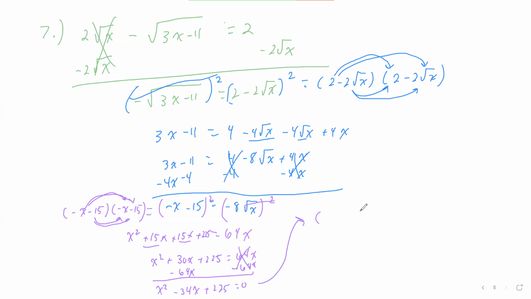Let's figure out what these two factors are going to be. I know 15 and 15 gives me, let me get a calculator, that'd give me 30. So let's see, what is 16? No, because I need 34.